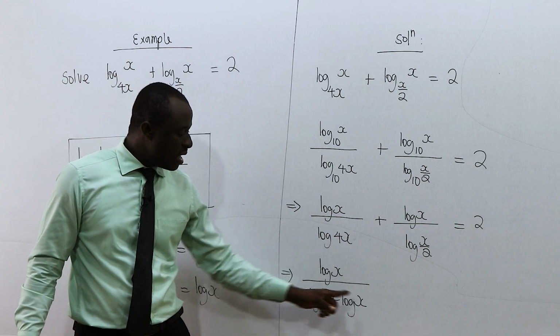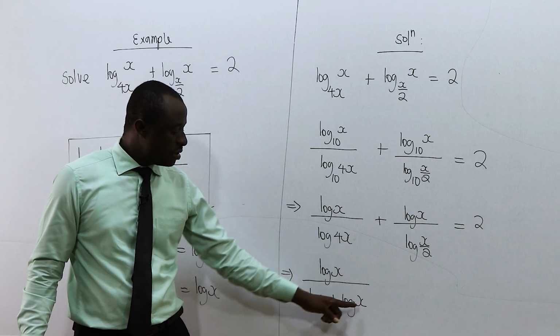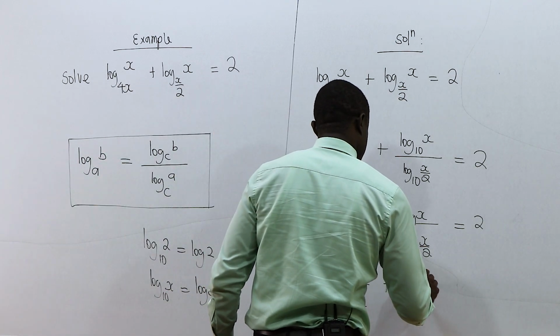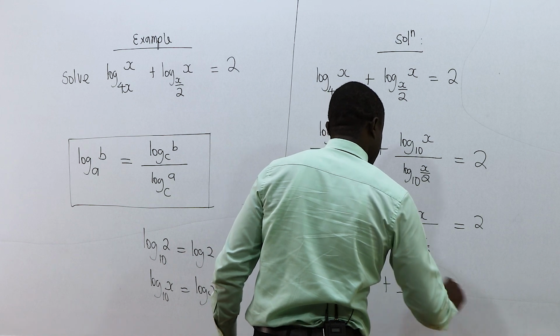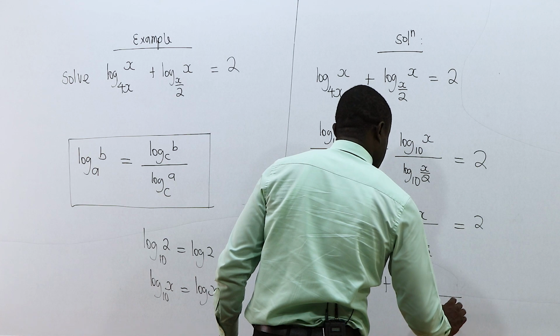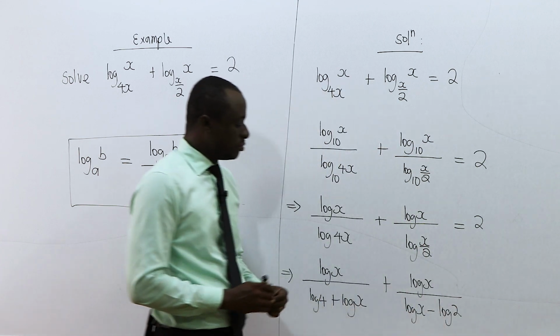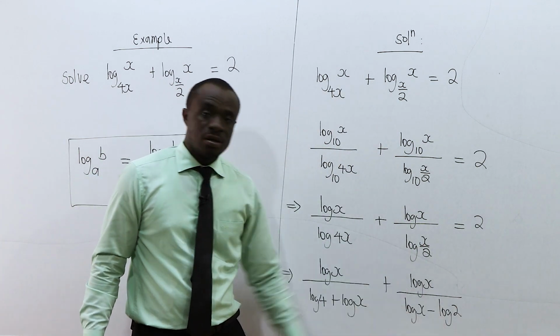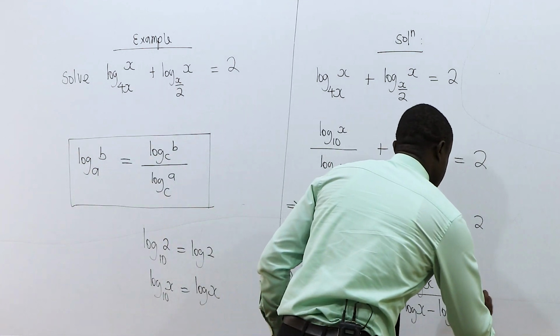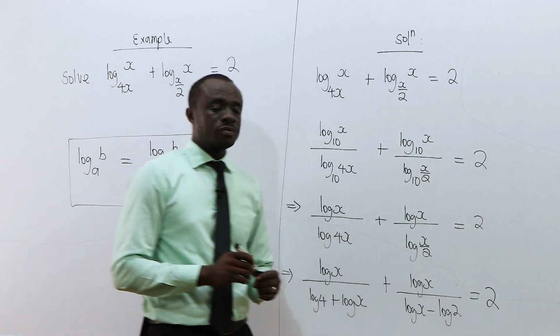When you are multiplying, you add. And this is also the same as log x over log x minus log 2. When you're dividing, what do you do? You subtract. And clearly this is equal to 2.